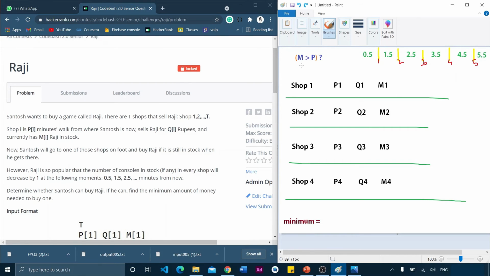So if this condition is satisfied, that is if m is greater than p, the shop would have at least one game left when he reaches it. Now when he reaches a shop which has at least one game, we have to store its value in the minimum. In the next iteration, when you go to shop 2, if m2 is greater than p2, that means the shop has at least one unit of that game, and our friend can buy from that shop.